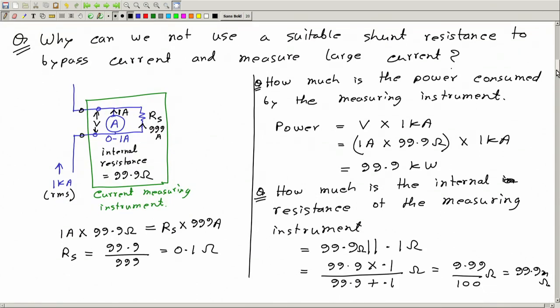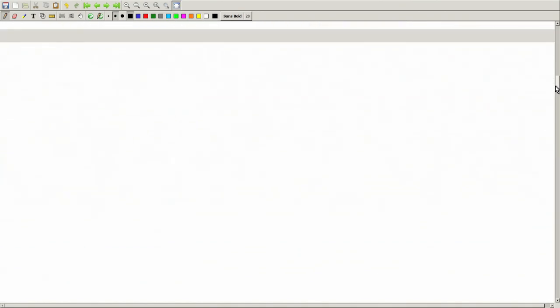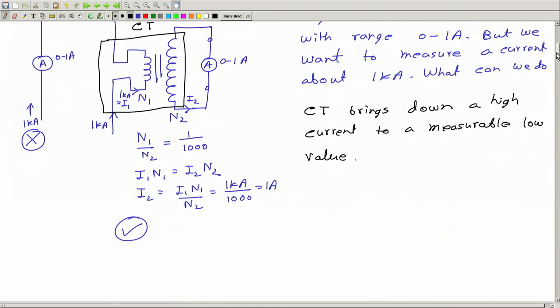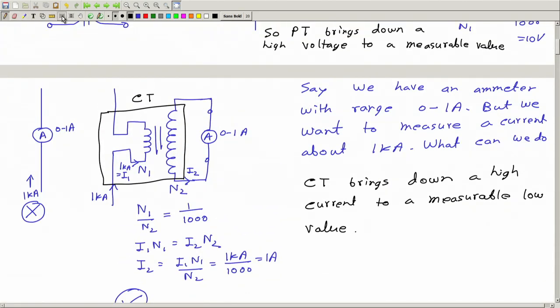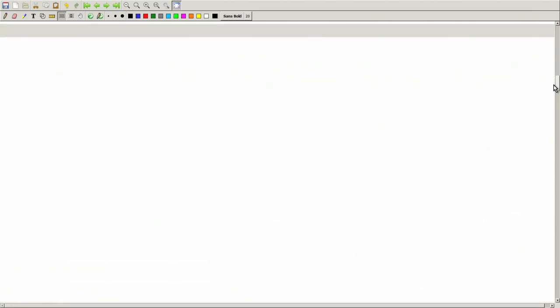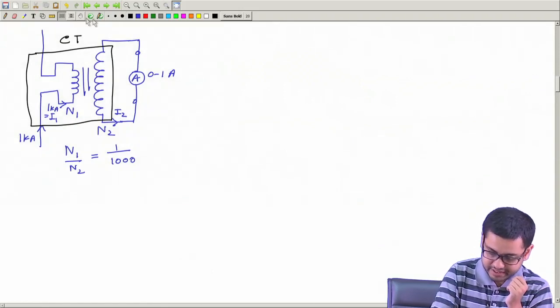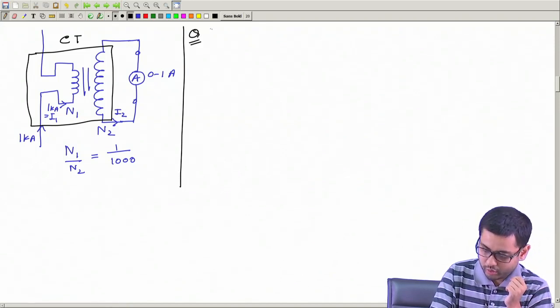Now let us compare this with the scenario where we are using this current transformer. If we use this current transformer, then once again let us ask how much is the power consumed.